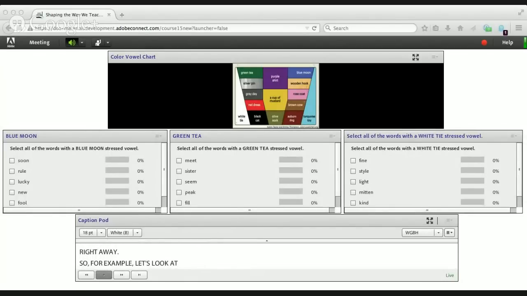Which of these words, it's more than one, could be the ooh sound of blue moon: soon, rule, lucky, new, fool, and would? So which ones are blue moon?